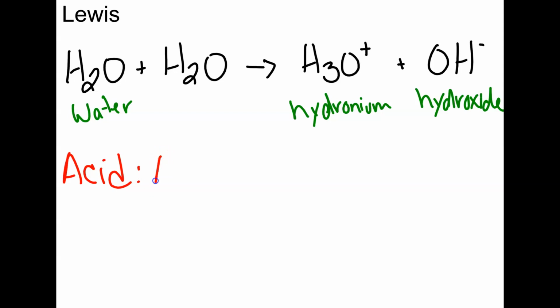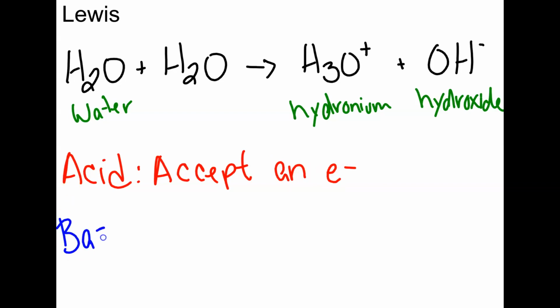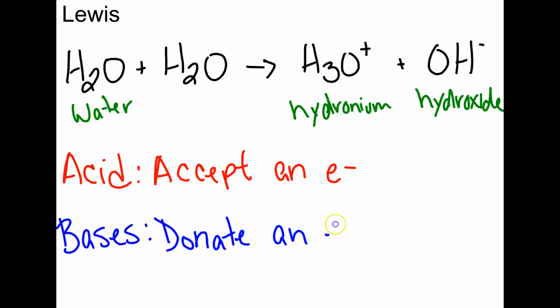So acids accept an electron, and bases, he said, instead of taking on or accepting a proton, let's flip it and say that bases donate an electron.